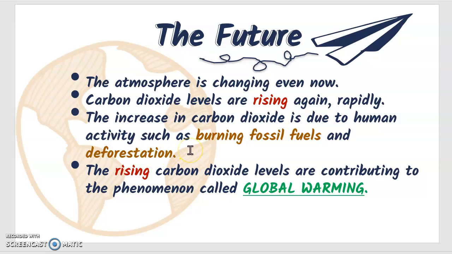And this composition of our current atmosphere will not stay the same. Unless we do something, it will continue to rise, especially the carbon dioxide level. And this continually rising carbon dioxide level will contribute to the phenomenon called global warming, which we'll also be learning about later on.